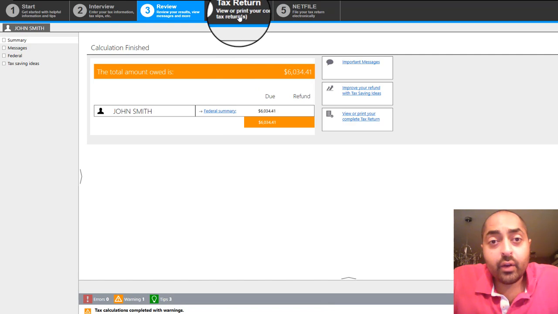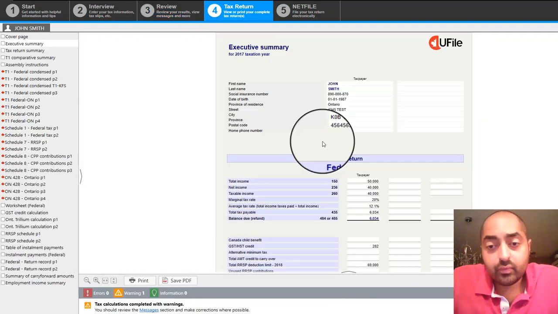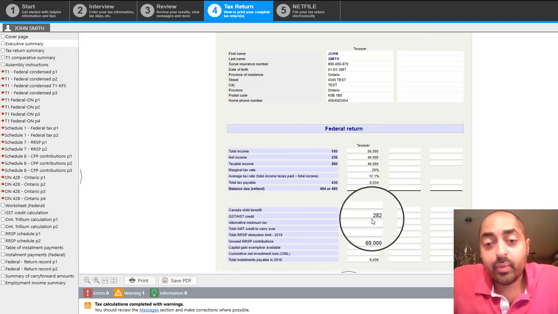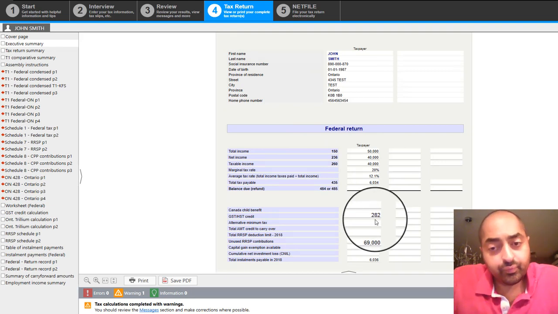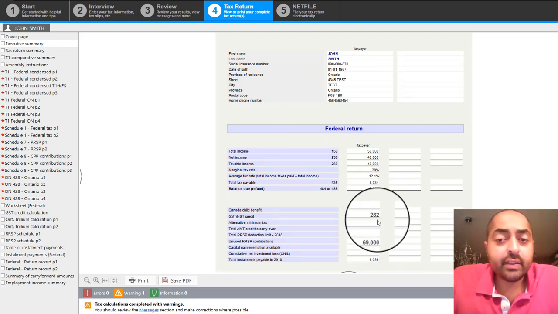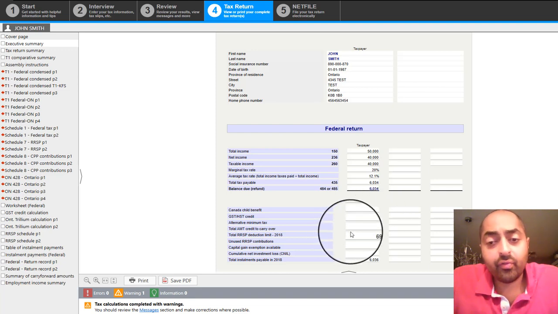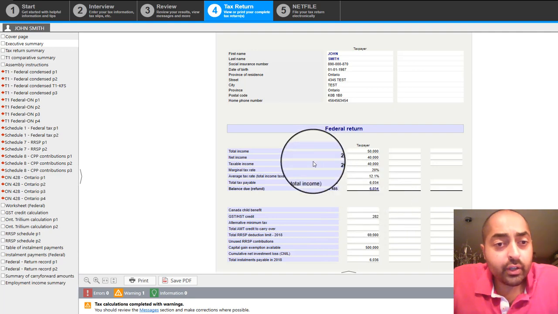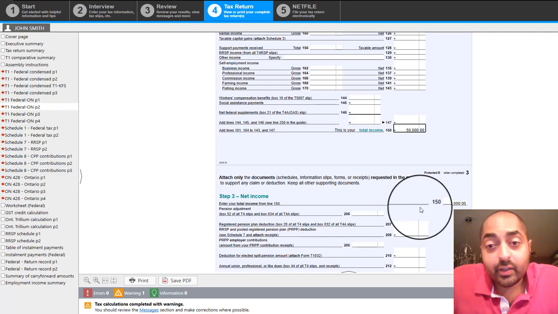But he might get other advantages like the GST. Yeah. So he's getting GST, which is $282 per year. So he's getting an additional $282 that he wasn't getting before contributing to his RSP. Because he contributed to his RSP, his net income decreased, right?